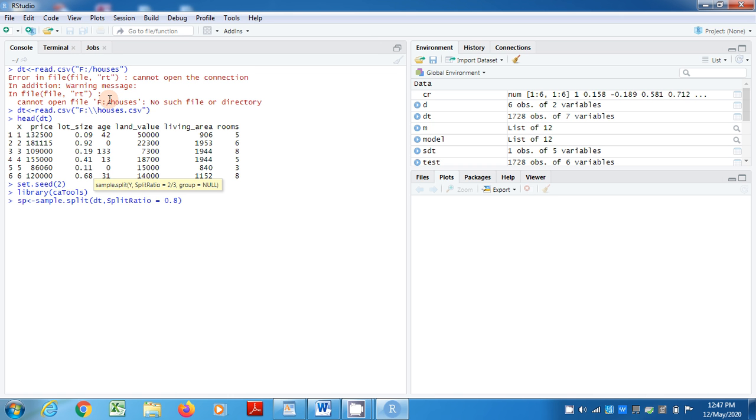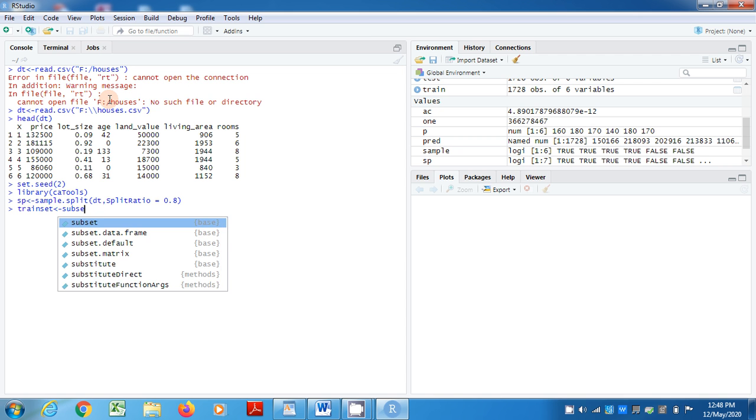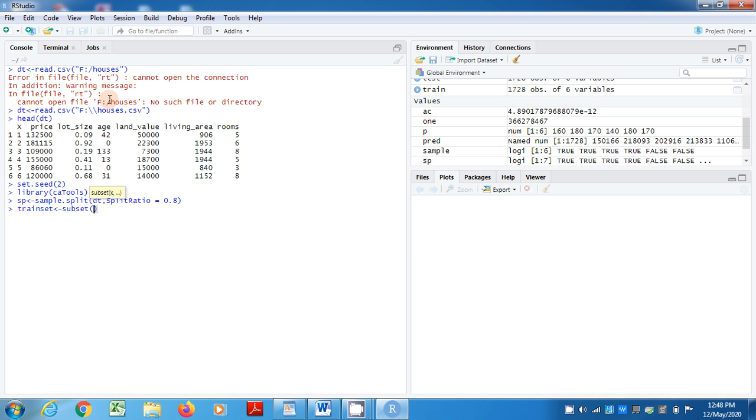So that means 80% of the data is divided, and the SP variable contains true and false values. 80% of the data is set to true and the rest of the data is set to false. So now we will get that 80% of the data where true is available. SP was created, and now I am taking a variable called training set, using the subset function.